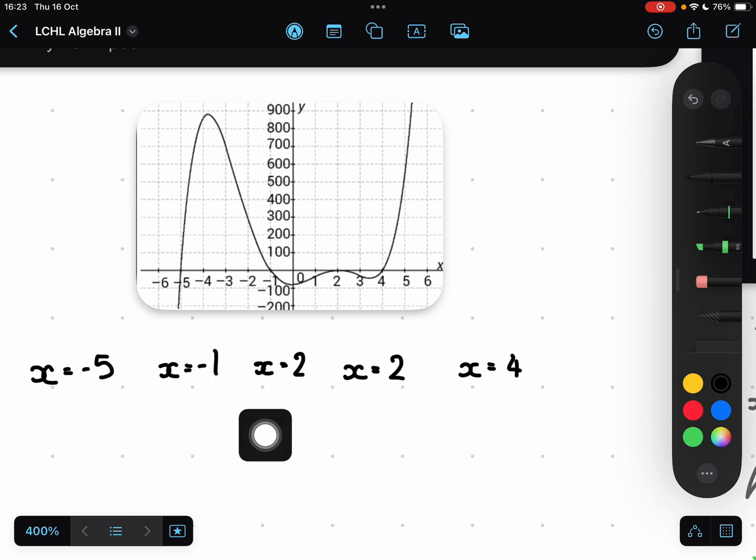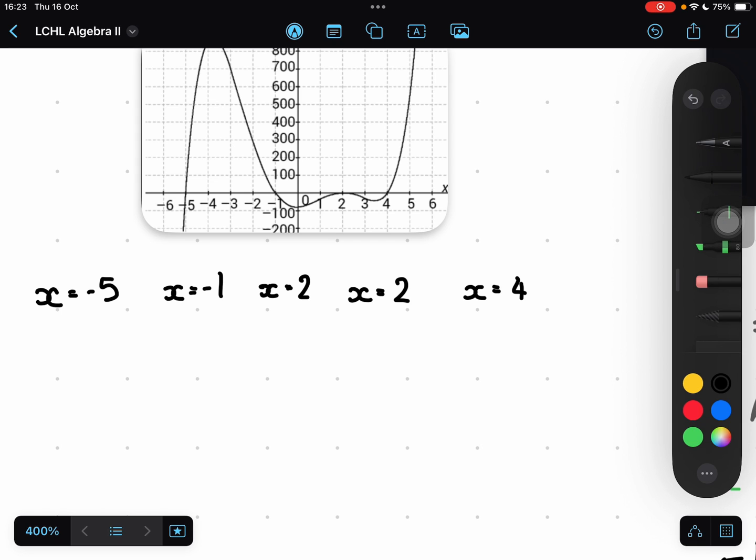Okay, so x being 2 is the only one there that could catch a few people, because it does need to be included twice. We are quite confident with including it twice, because I know I need 5 values for x, because I have 4 turning points, or 5 roots, one being counted twice.